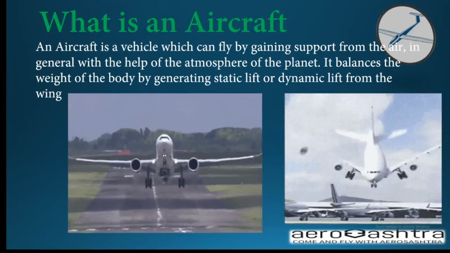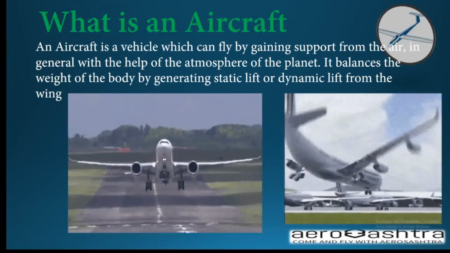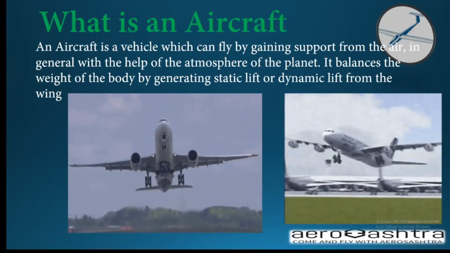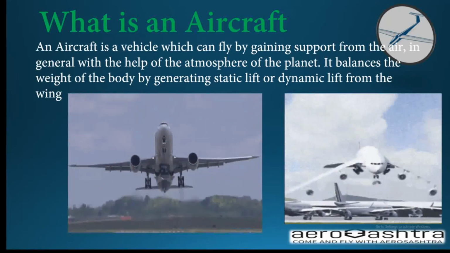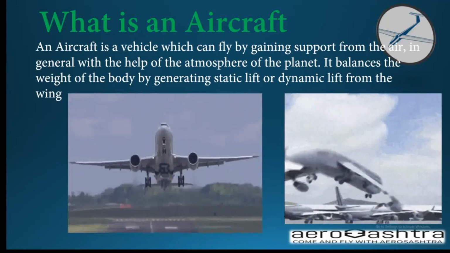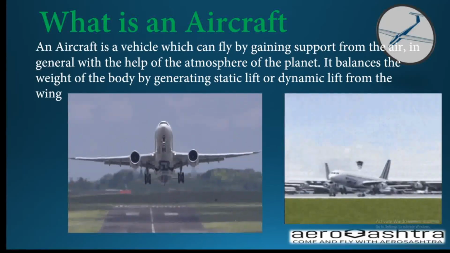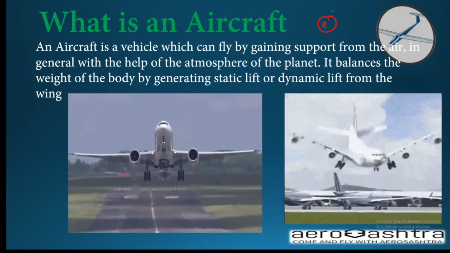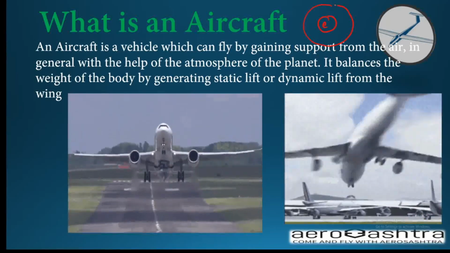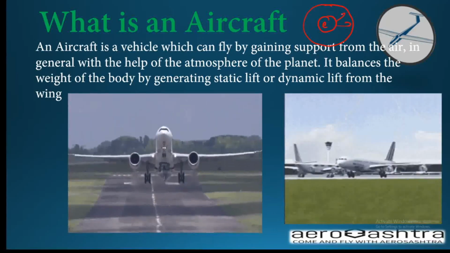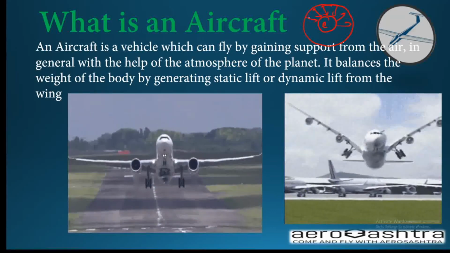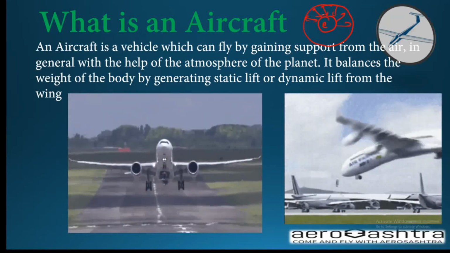So, here finally we can define the aircraft in such a way. An aircraft is a vehicle that is designed and used for flight through the earth atmosphere. This is your earth atmosphere.